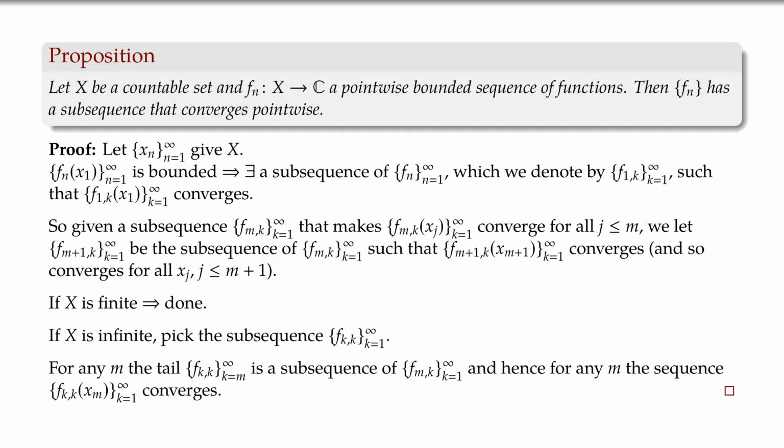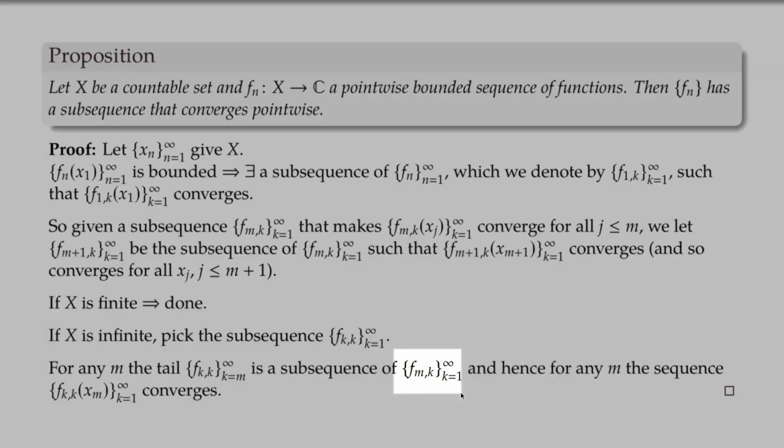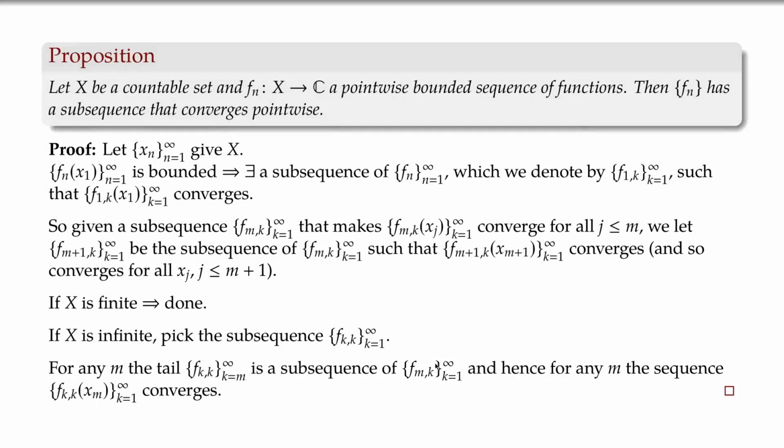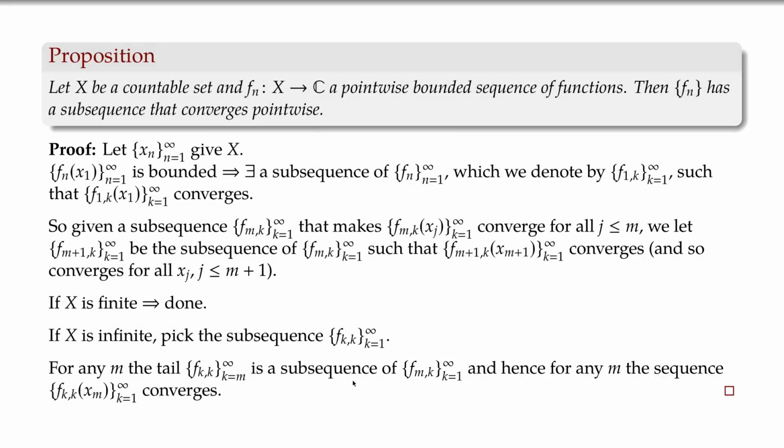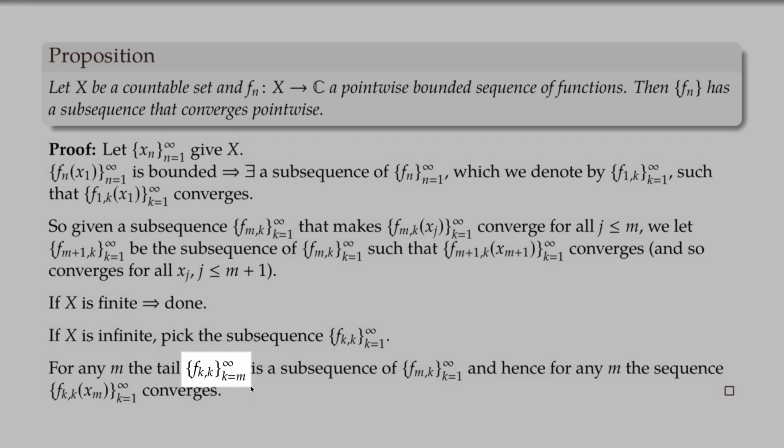Therefore, we know that the mth subsequence, f sub m comma k, converged at x sub m. And therefore the sequence f sub kk also converges there, because it's just a subsequence of that.